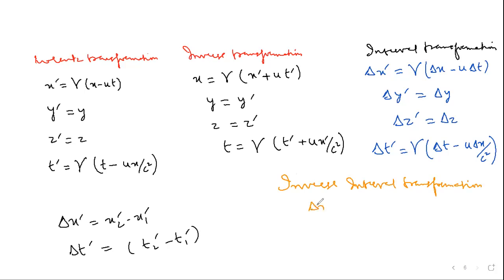Delta x is equal to gamma times delta x prime plus u delta t prime.